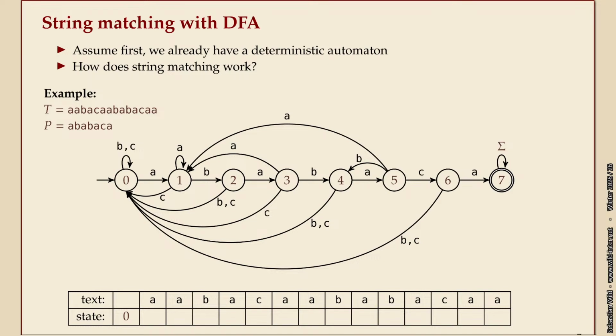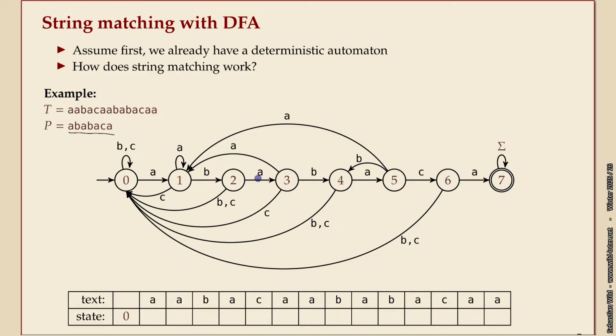Jumping to the end, for those of you who haven't seen this, this is what one of these automata can look like. And let's see how it proceeds through a text to check if there's an occurrence. So we have this pattern P, A, B, A, B, A, C, A. This is what you find if you read from left to right through the state transitions.